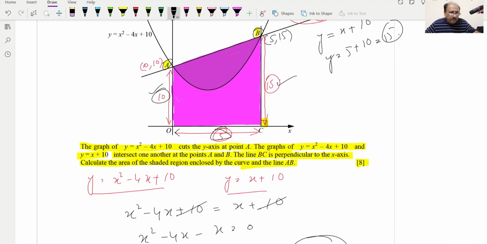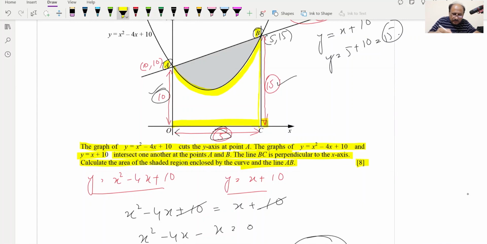Now we will be finding area under the curve, which we will integrate and find. Area under the curve is which one? If we take area under the curve, it will be only this white portion now which I am shading.